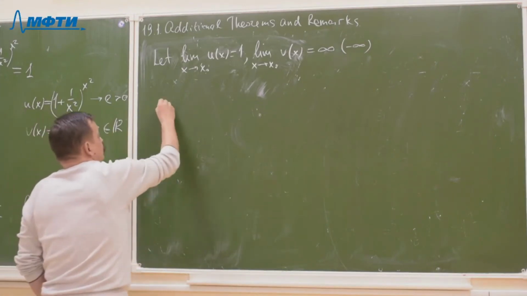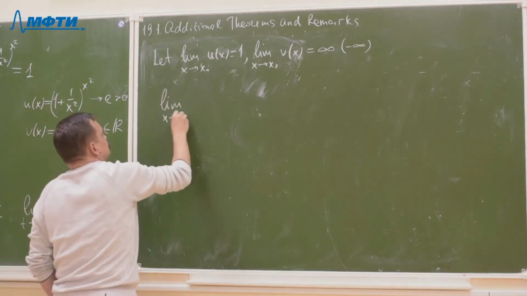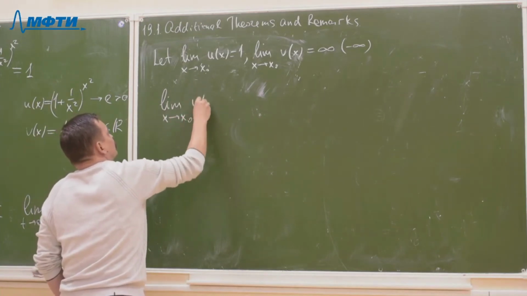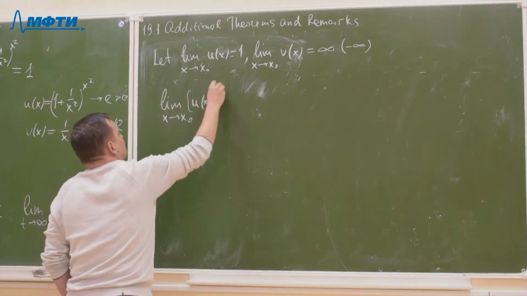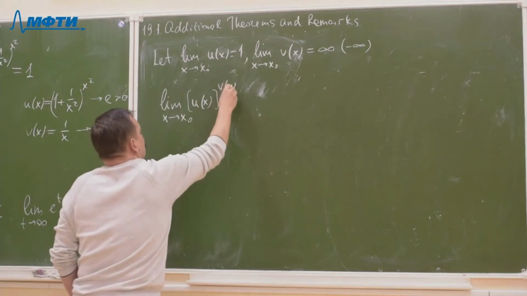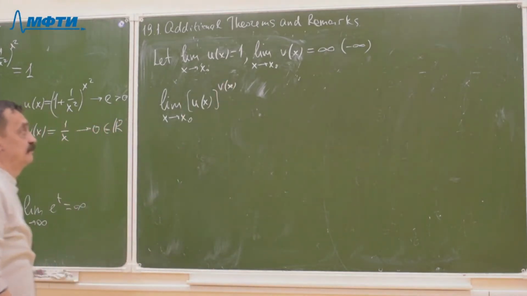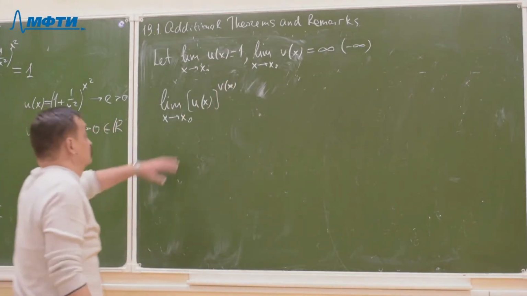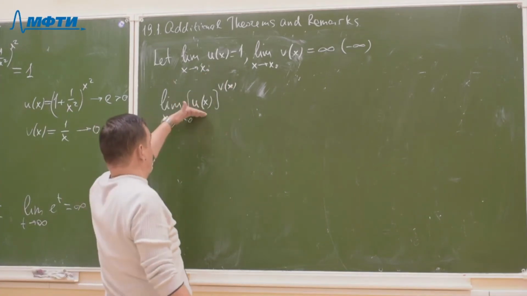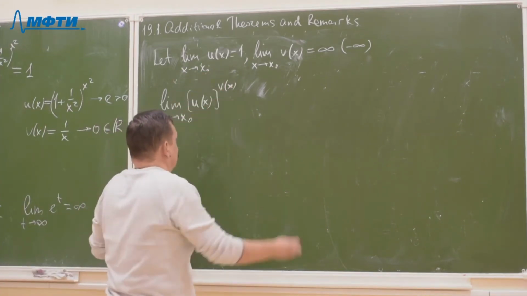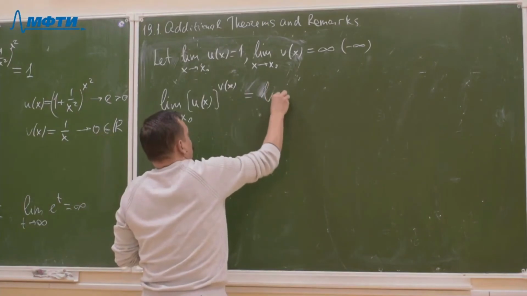Look, with this limit, u of x power v of x, we cannot, and of course we cannot write like we did before. Okay, here we have 1. Yeah, that is wrong.